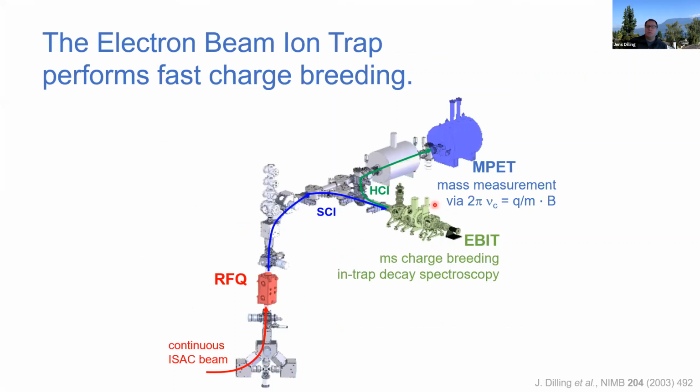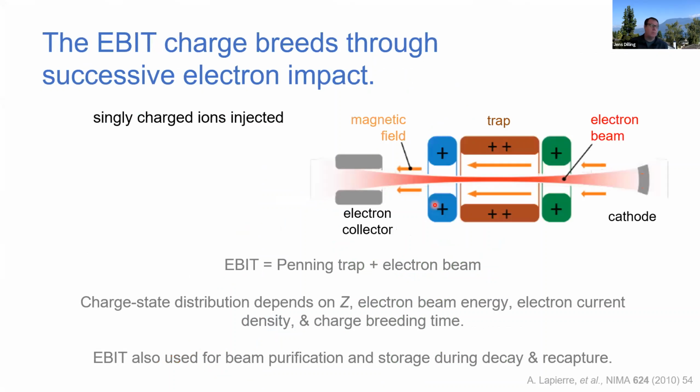We do that in a device called an Electron Beam Ion Trap, and it allows you to do charge breeding. You have a system here that consists essentially of a Penning trap with a strong magnetic field, but you have additional features. You have a cathode that shoots an electron beam right into the center of this trap and eventually collects it here.